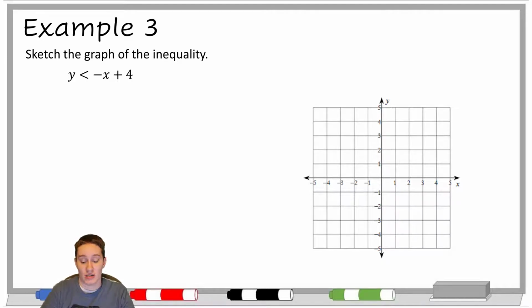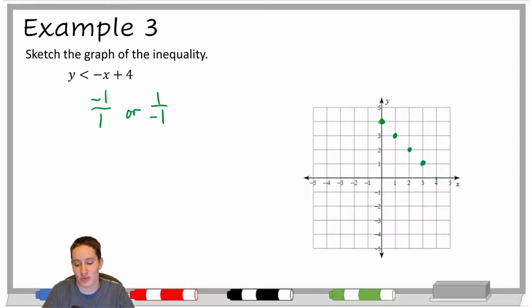So we need our y-intercept, which is the +4. We need our slope, which is -1, which we're going to turn into -1/1, or +1 over -1, whichever one you want to use. We're going to go down 1, right 1. We can do a bunch of points or we can do a few.